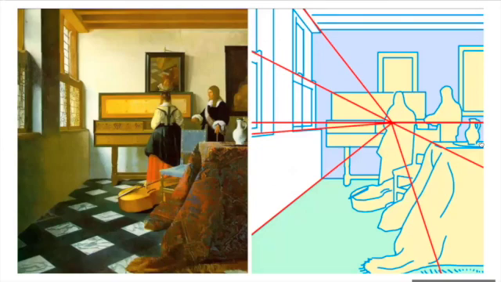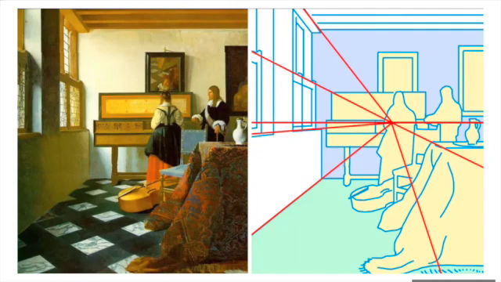Here is a Vermeer painting, the guy who painted Girl with a Pearl Earring. And this is a good example of 1 point perspective. He's painting these 2 characters in a room. Obviously, Vermeer, when he painted this, couldn't see the horizon line, right?